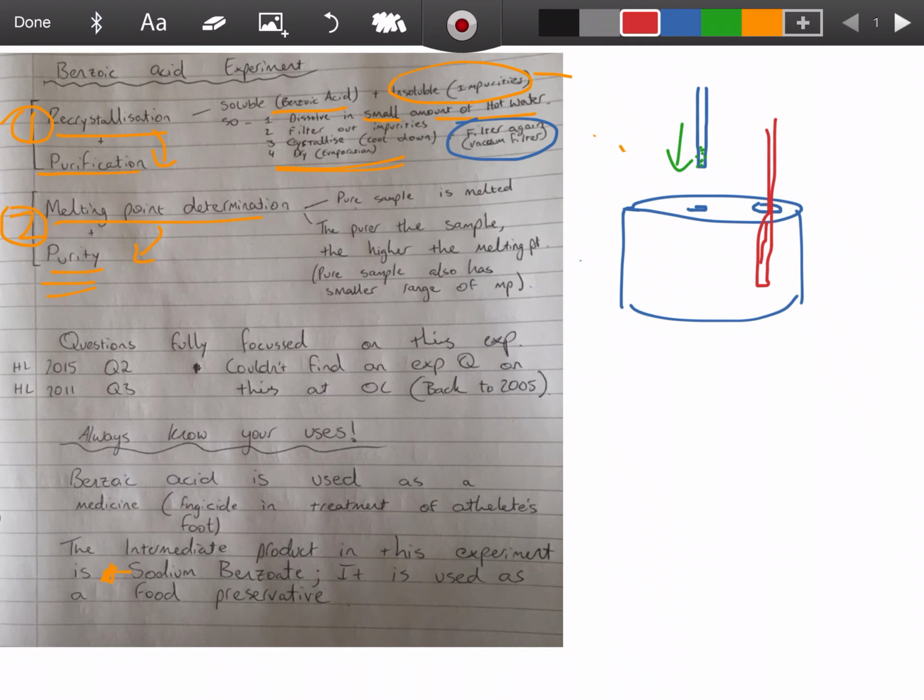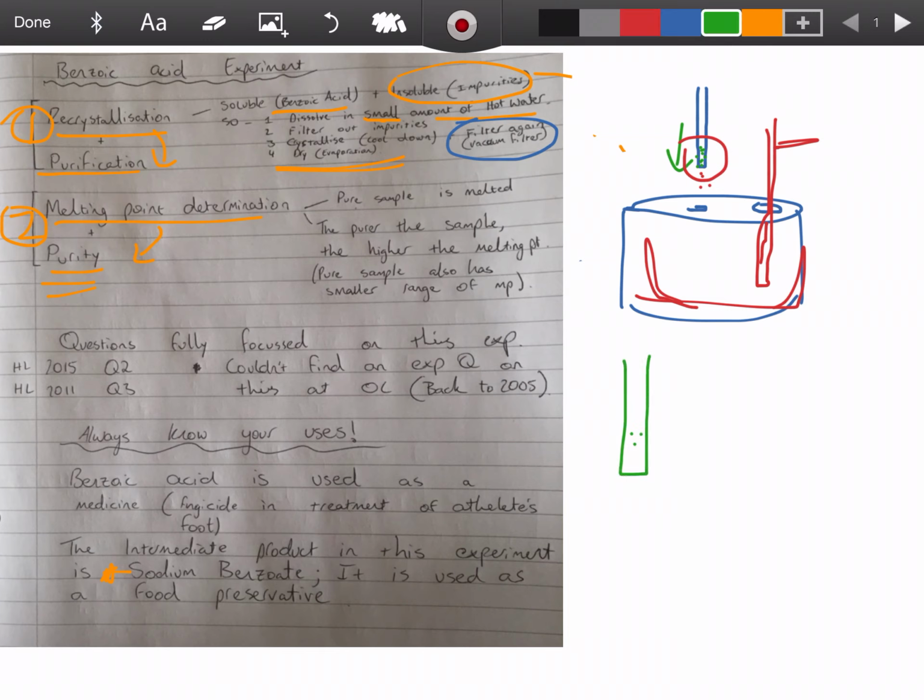Then we'd heat the block very simply. What happens is we heat the block up, and we can get a reading of the temperature. The temperature of the block would equate to the same temperature as what the benzoic acid is feeling. And when we see the benzoic acid starting to melt, as we mentioned, it's a white powder.